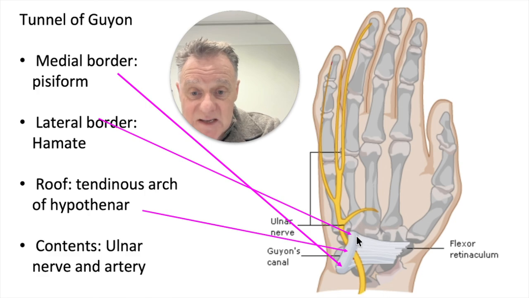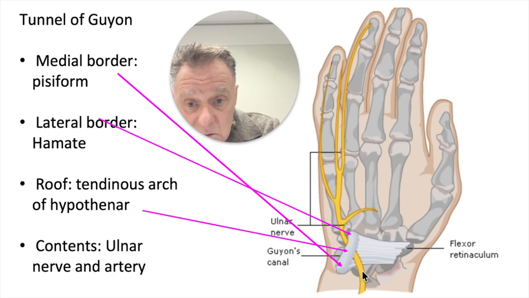So the hamate is lateral to the pisiform. So pisiform here and hamate here. There is a tendinous arch that connects the two.